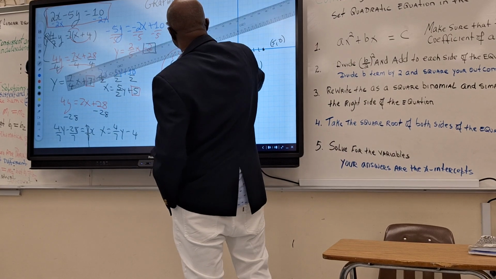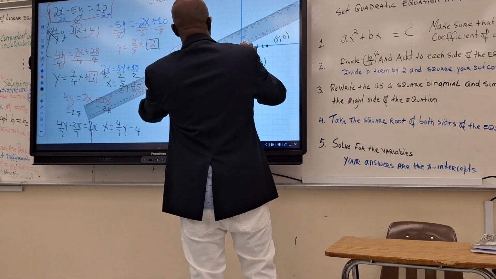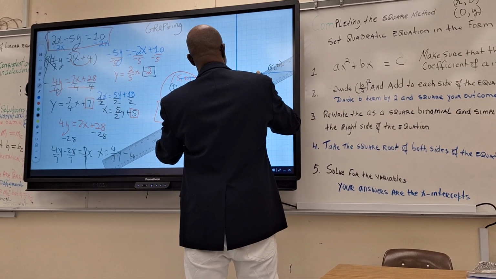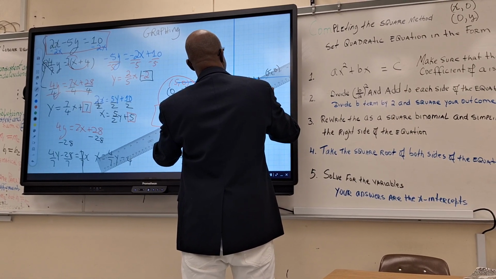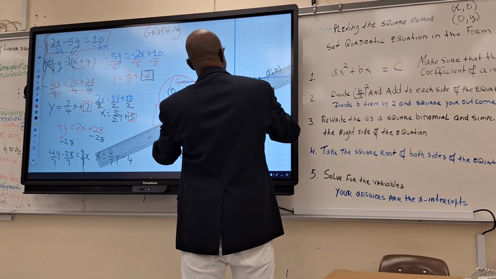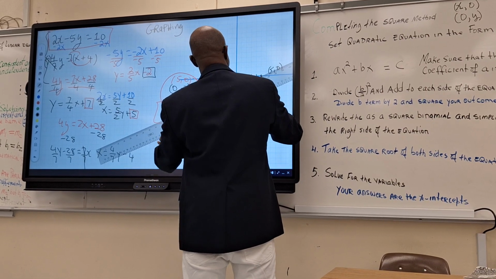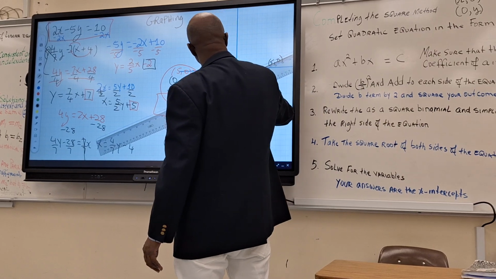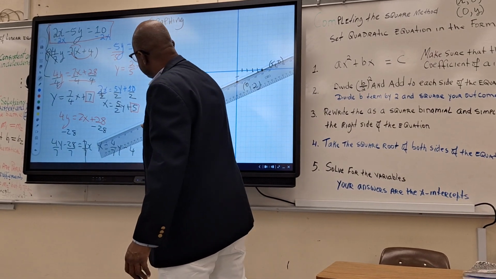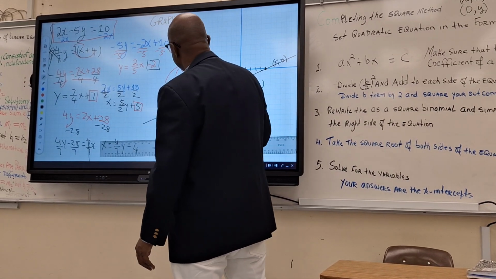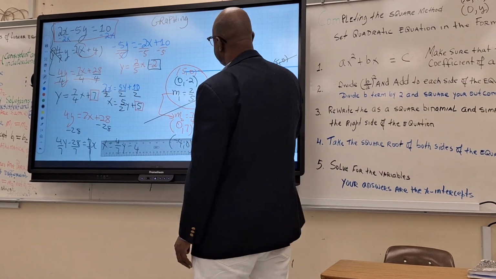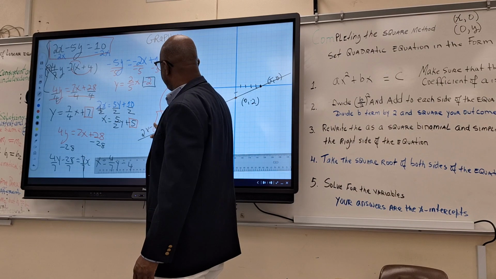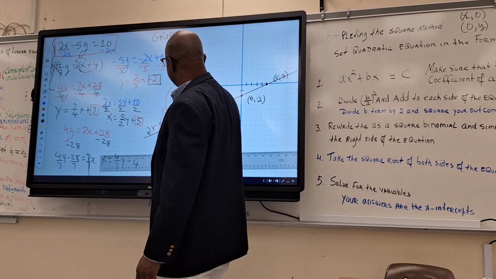And use the ruler to connect those two points, and make your line. That's my first one, which was 2x minus 5y is equal to 10.